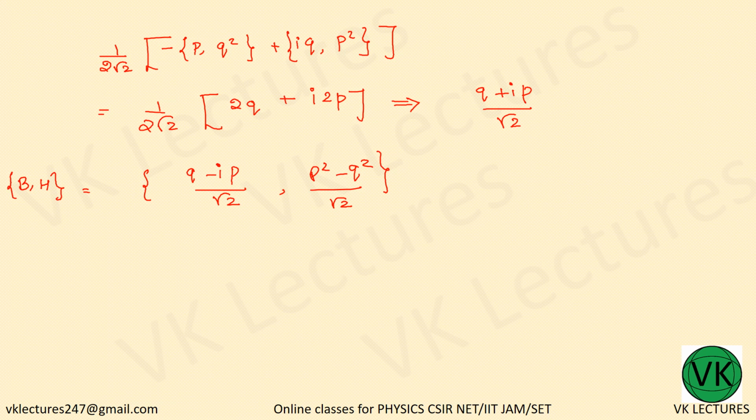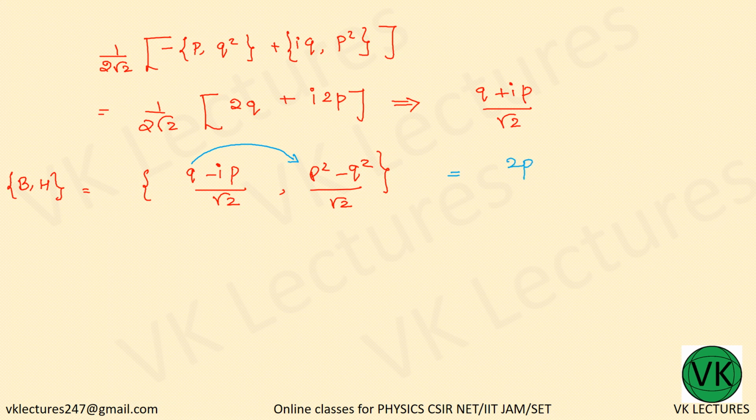Q will not go with p square, which gives you 0, so q goes with p square here, q p square gives you 2qp, that is q comma p, that is 1, and 2p remains, so that's 2p.